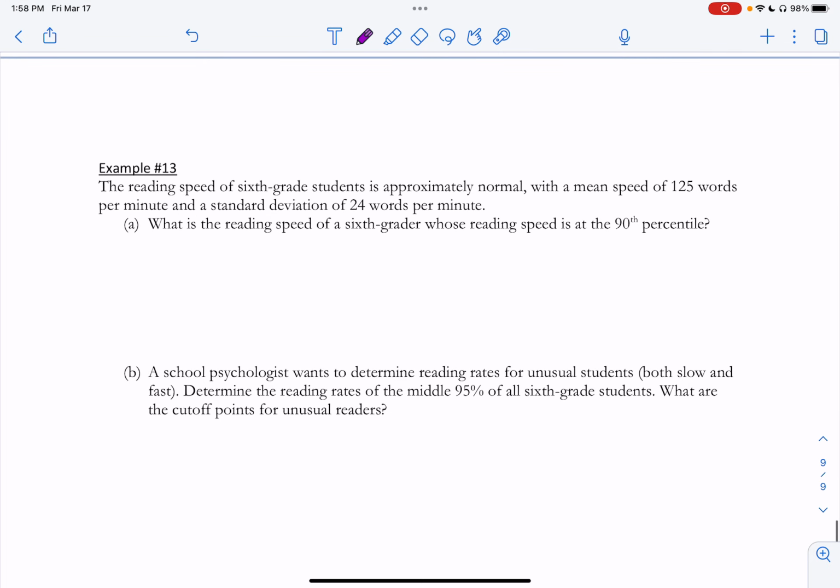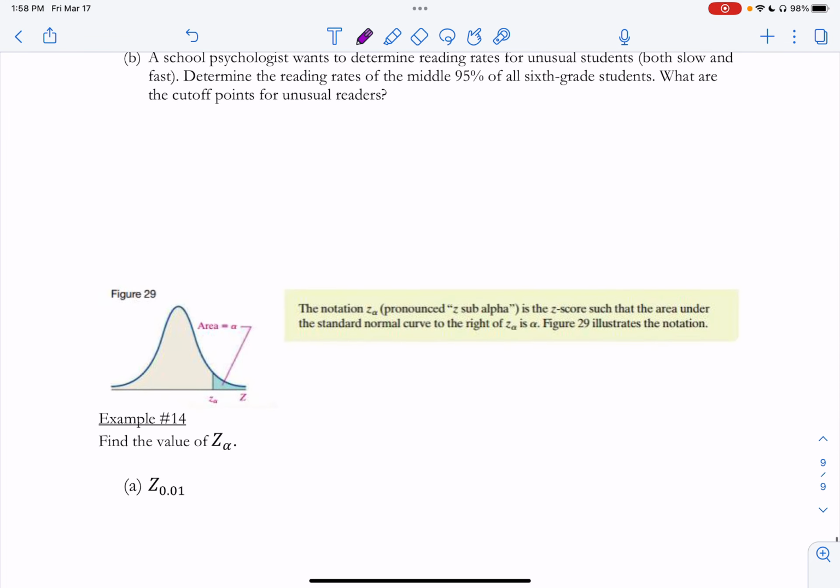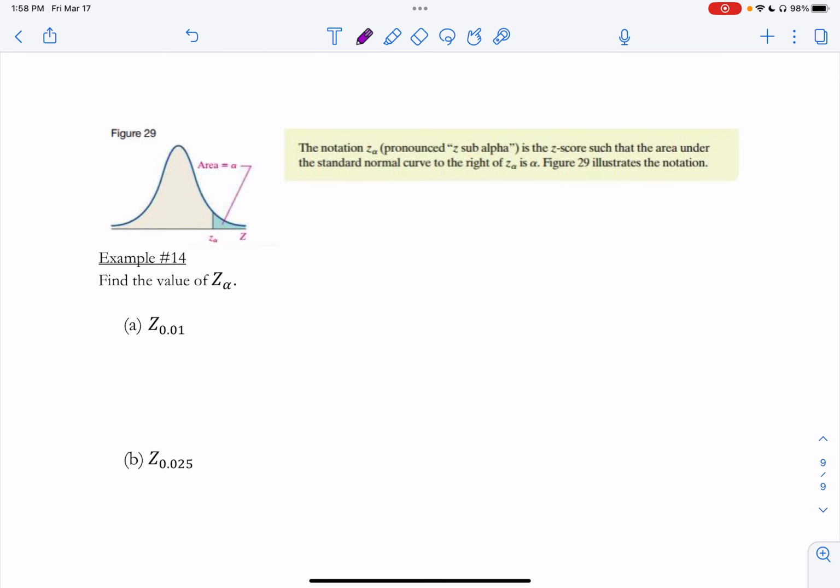All right, you can use a similar approach for example 13. I'm not going to go through that. I want to talk really quick about this z sub alpha. The z sub alpha is a z-score where the area underneath the standard normal curve to the right of the z sub alpha is alpha.